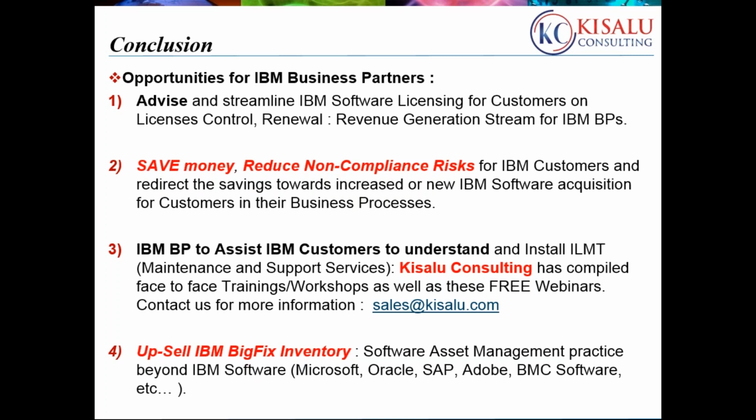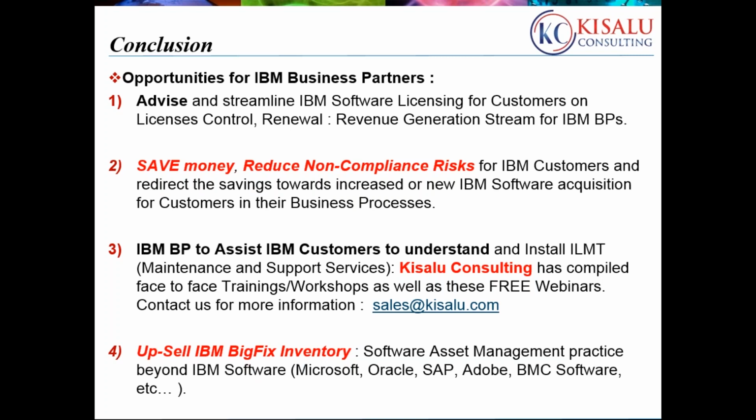The last one, number 4, is that there is also an opportunity to upsell IBM BigFix Inventory. The IBM License Metric Tool tracks the IBM software usage, but the same code is upgraded for any other software, including your Microsoft, Oracle, SAP, Adobe, BMC, including your in-house software.